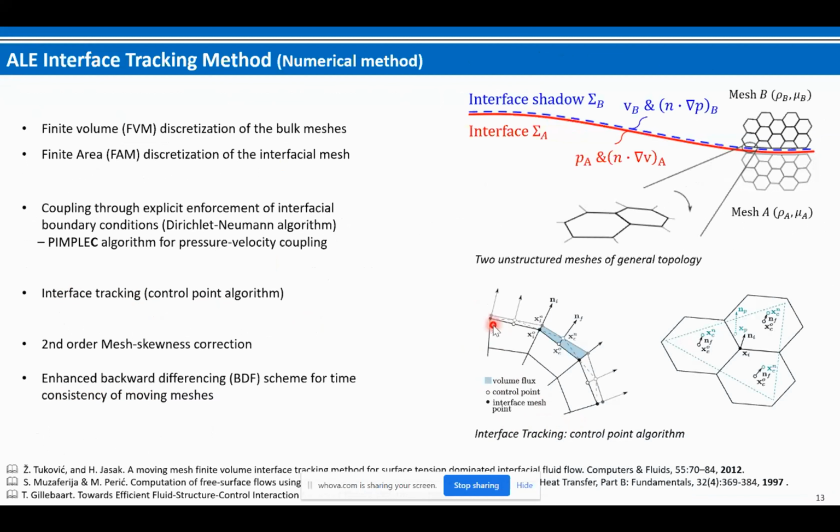In that procedure, we displace the interface mesh points, the black ones, with the help of control points, which are positioned at the center of the faces.